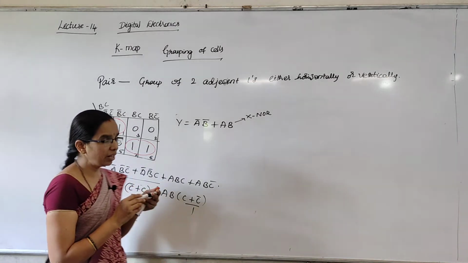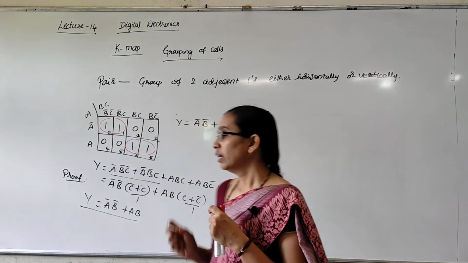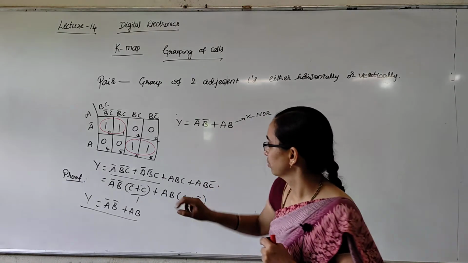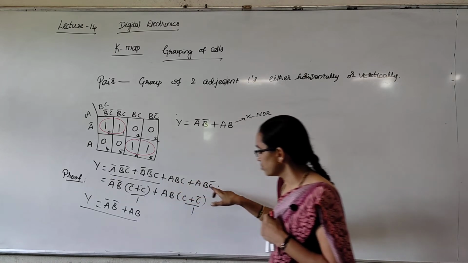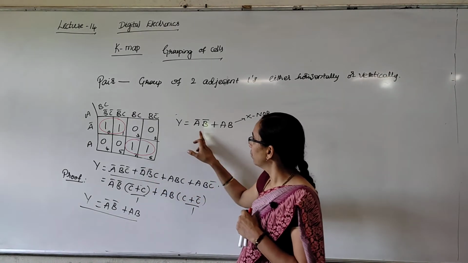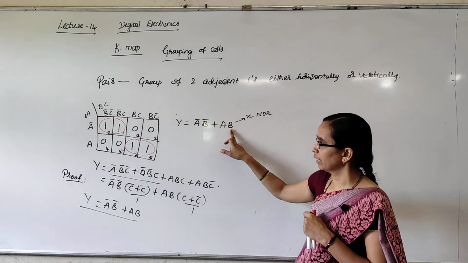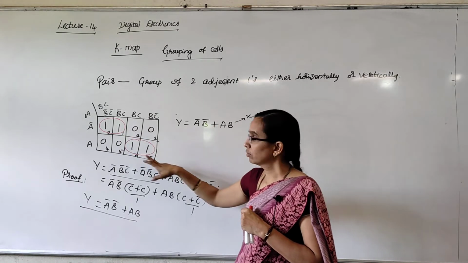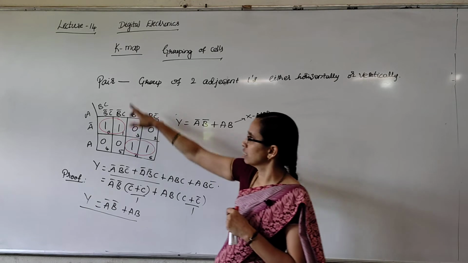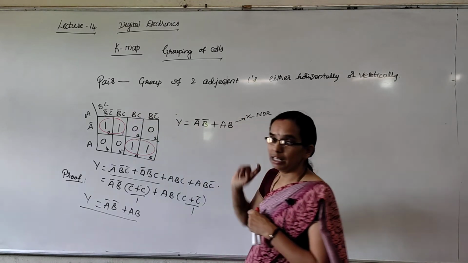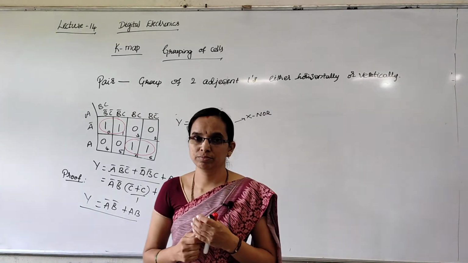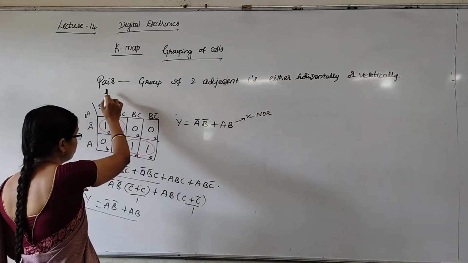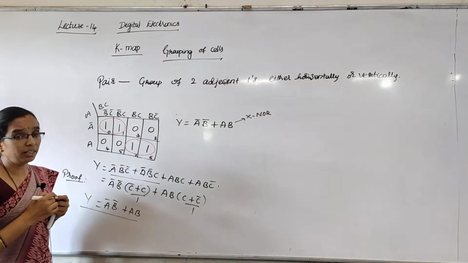So what we observe here is, we used to have 3-variable terms. In all the terms we have all 3 variables, but when simplified using the K-map, making pairs, making a group of 2 adjacent ones, that is making a pair, we could eliminate one variable. So what is the definition of a pair in K-map?